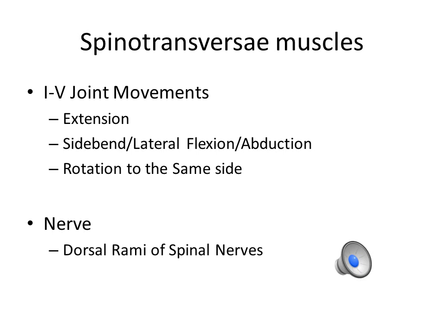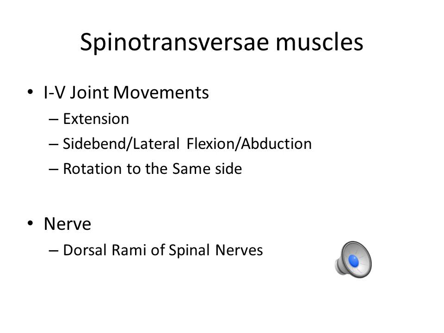Co-contraction of the spinotransversae muscles will produce intervertebral joint extension, whereas unilateral contraction of these muscles will produce intervertebral joint side bending and rotation to the same side.